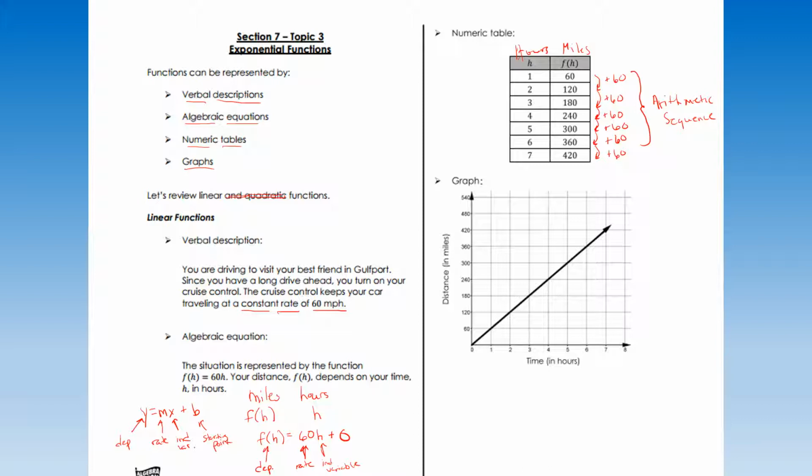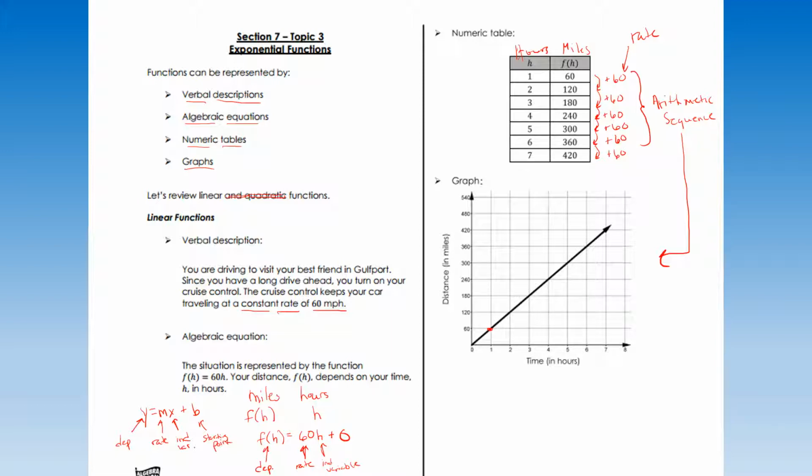And arithmetic sequences, what we learned last time, was that they graph as a straight line. Okay? And we also knew that from before, where a constant rate of change, in this case our 60, that's our rate, because the rate of change is constant, our graph is a straight line. And you can see the graph shows that every hour we're traveling an additional 60 miles.